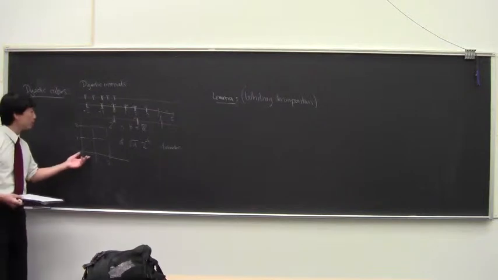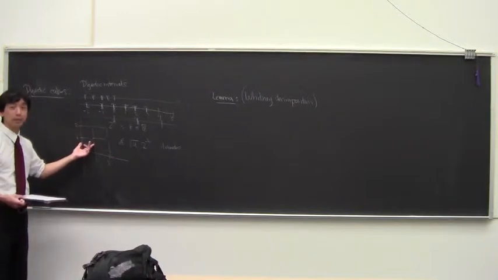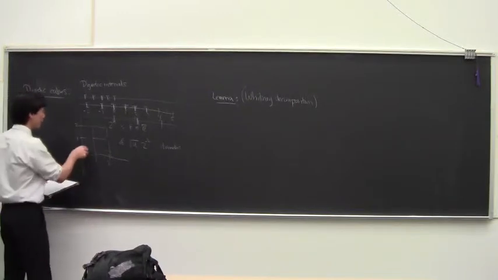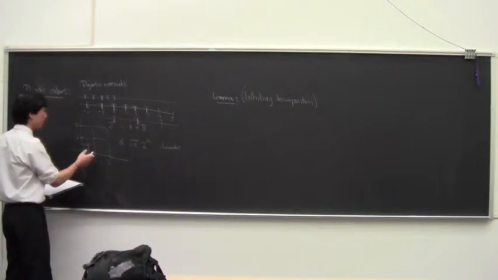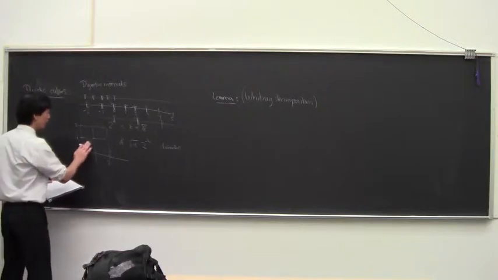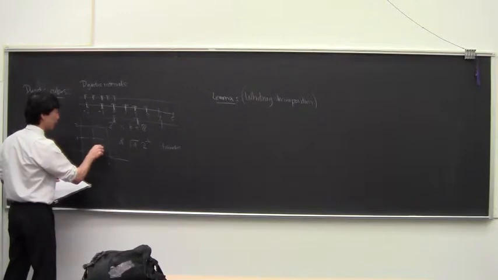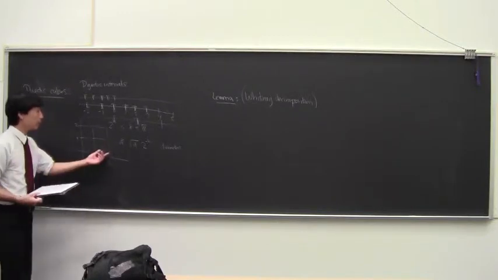And one thing you notice is that if the interiors of any of these dyadic cubes intersect, then one is fully contained in the other. So if you have dyadic cubes intersecting, it's because one is contained in the other.